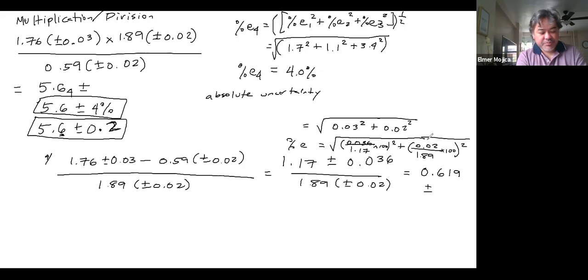I get 9.47, get the square root of that, I get around 3 point something.